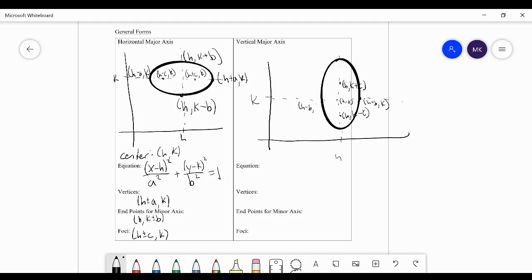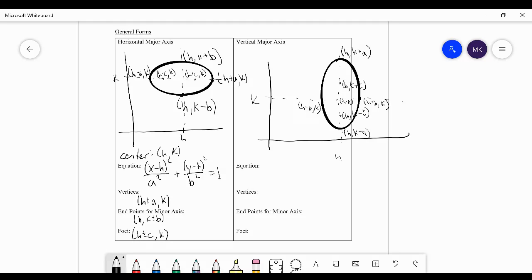H minus b comma k. H comma k minus a, and h comma k plus a. It's not very helpful when it's all these letters and everything is randomly assigned, but it's still nice to have that written down just so you can see it.